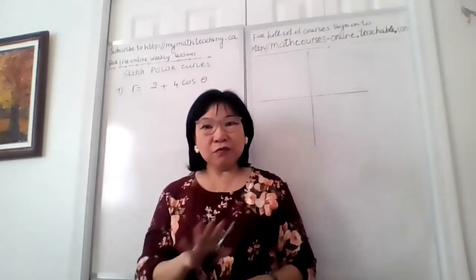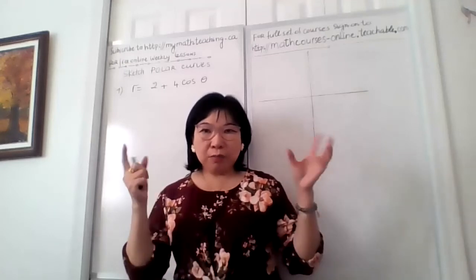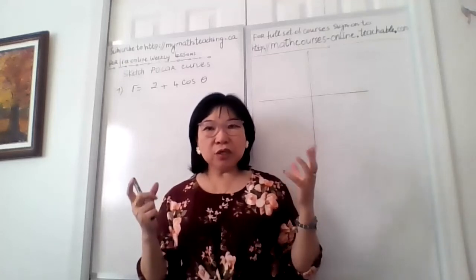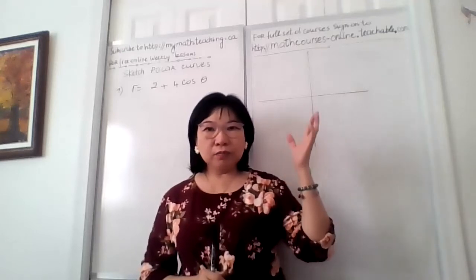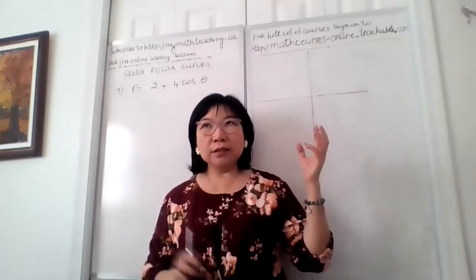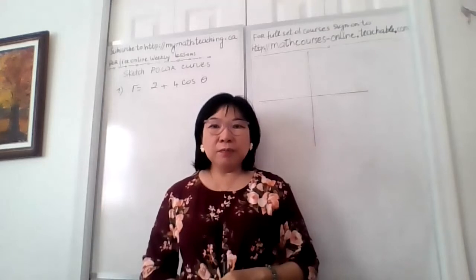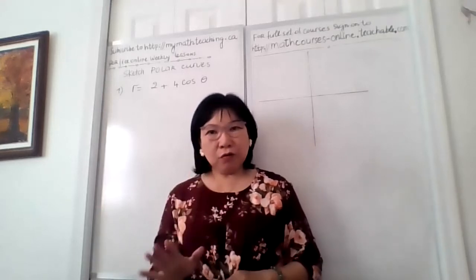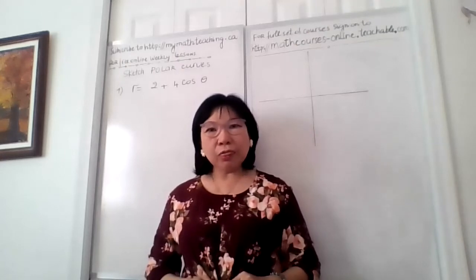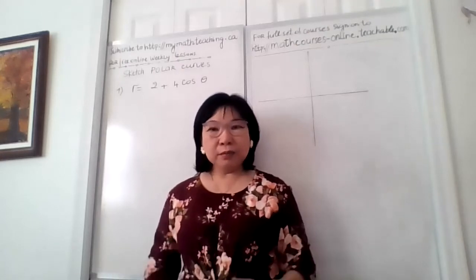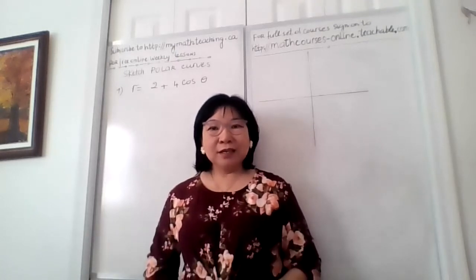So let's get ourselves familiar with the unit circle, and also some of the main features like quadrant 1, quadrant 2, and some of the coordinates of the trigonometric functions. At this level, you already learned trigonometry in Math 12.